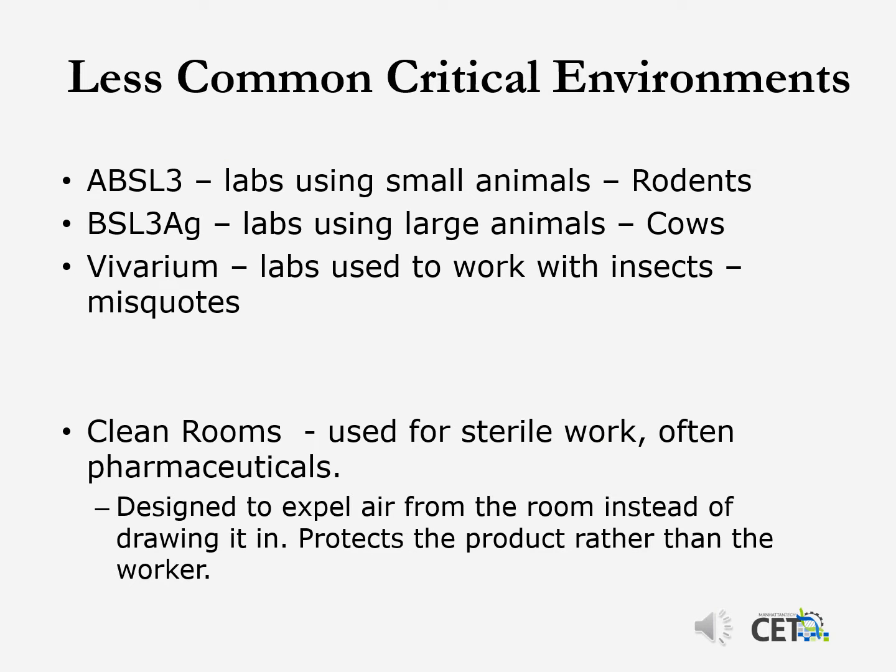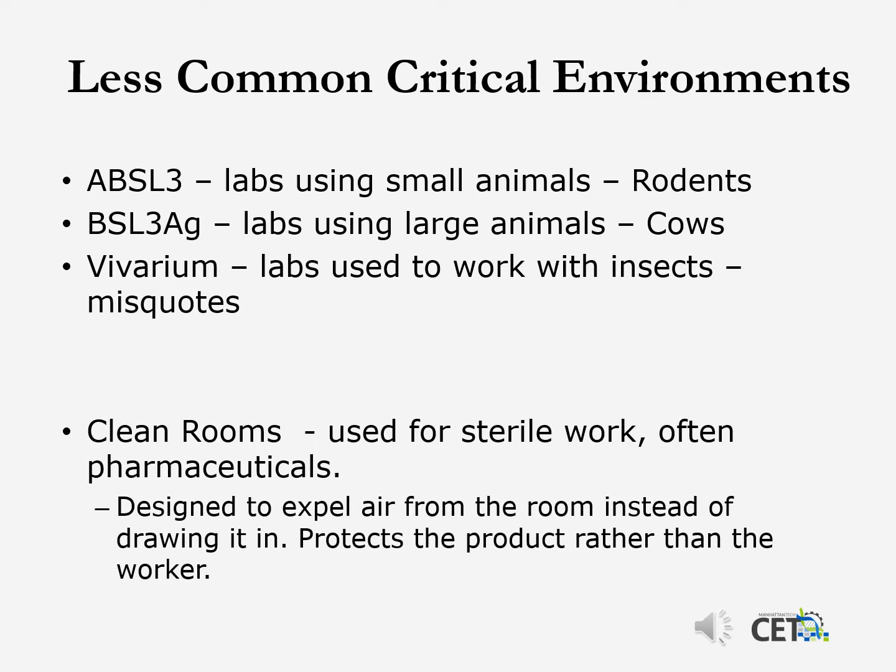To this point, we've been talking about biosafety levels as if only human pathogens were the specimens. The case is, though, often animals and insects are worked on in different BSL-3 labs, so these have different names, and they're listed for you here.